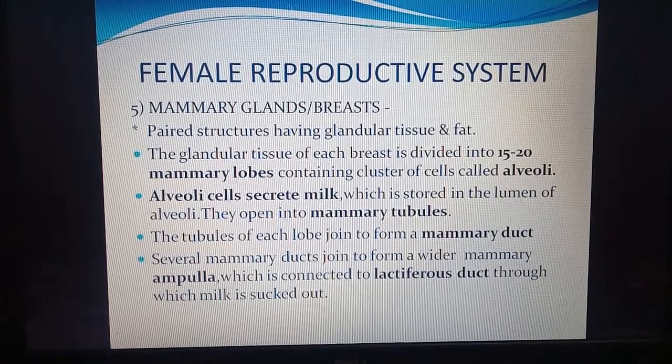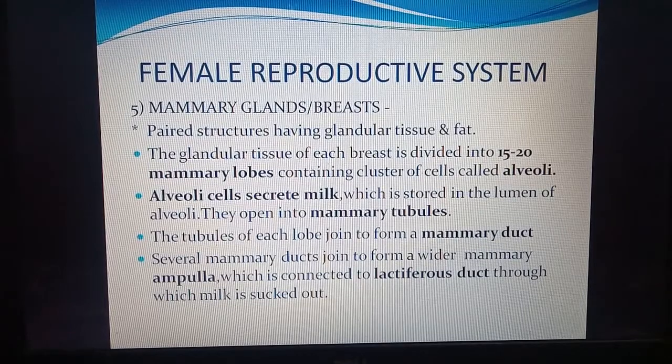The tissue of each breast has 15 to 20 mammary lobes, each containing alveoli, or clusters of cells. Alveoli cells secrete milk, which is stored in the lumen, or cavity, of the alveoli. They open into small mammary tubules.